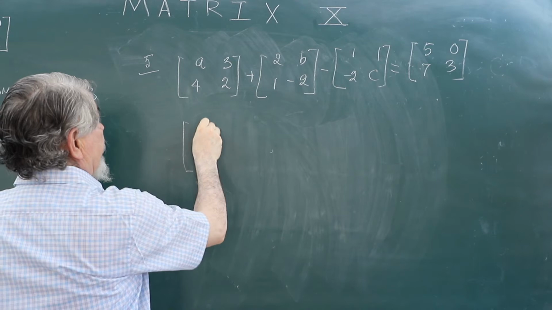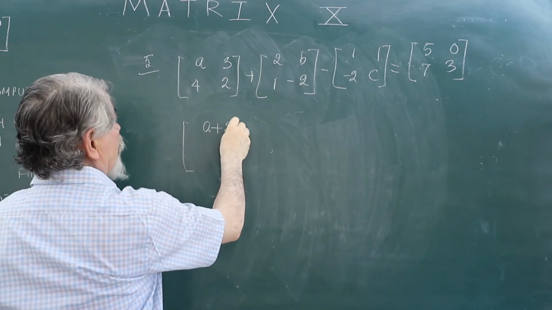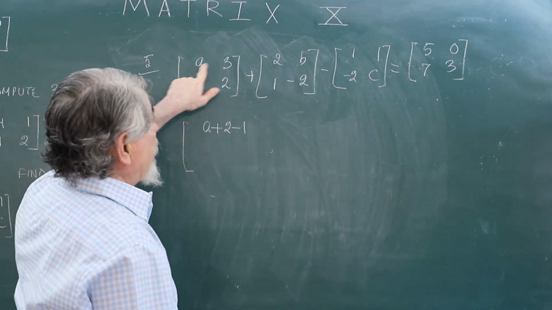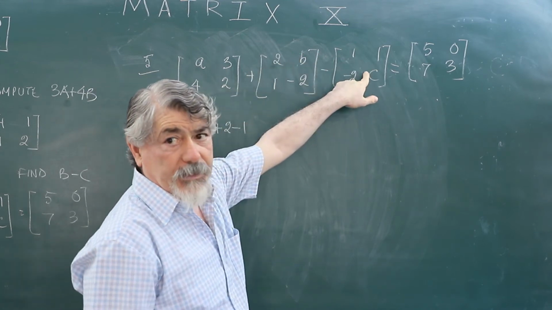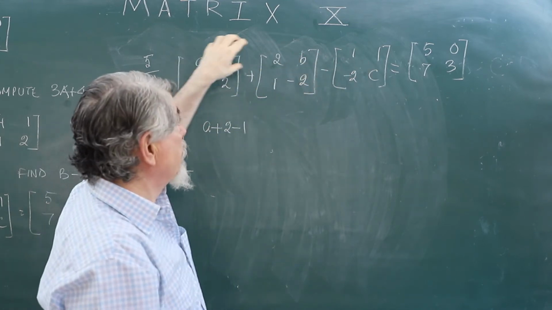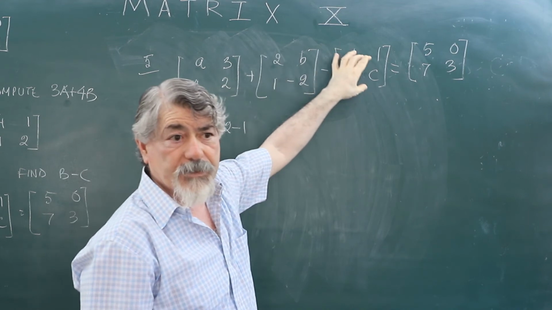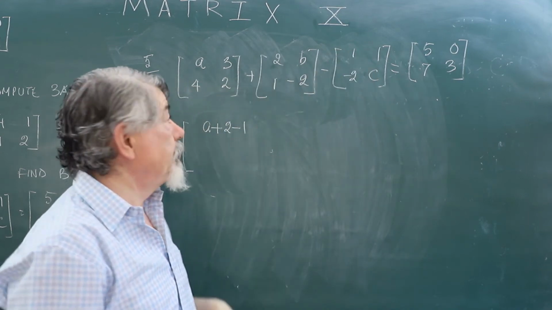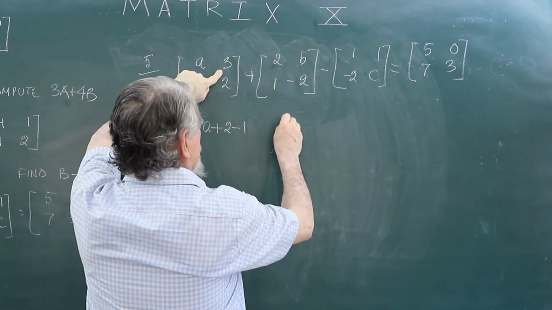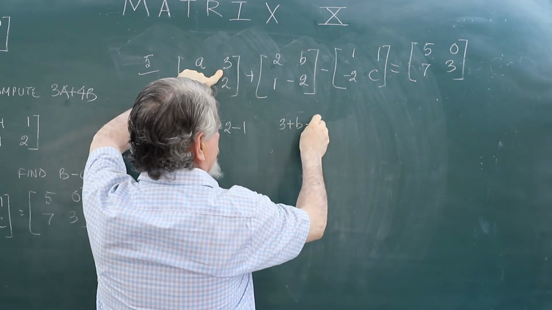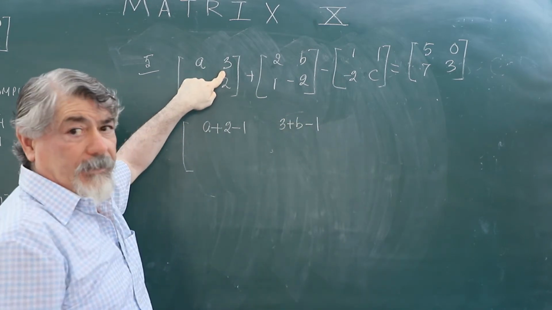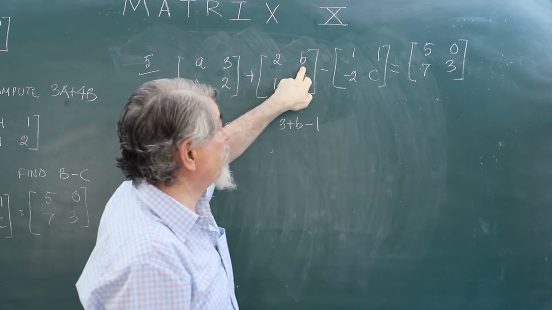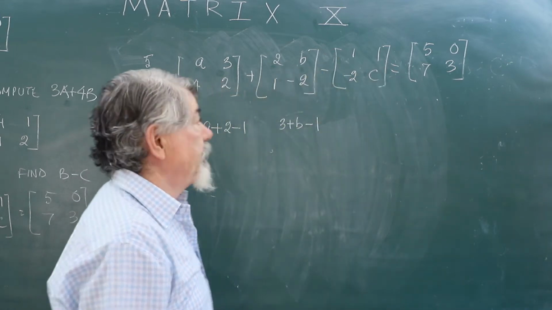Corresponding elements: A plus 2 minus 1, the first element of the first, first element of the second, first element of the third. Then 3 plus B minus 1, the same, second element from here, second element from here, second element from here.